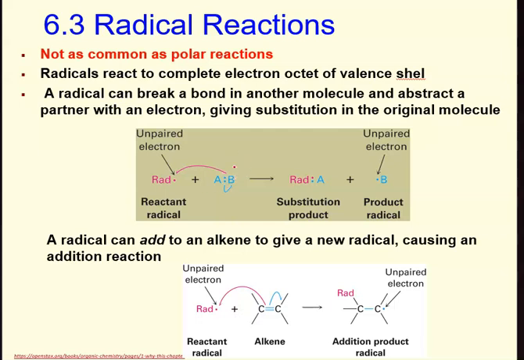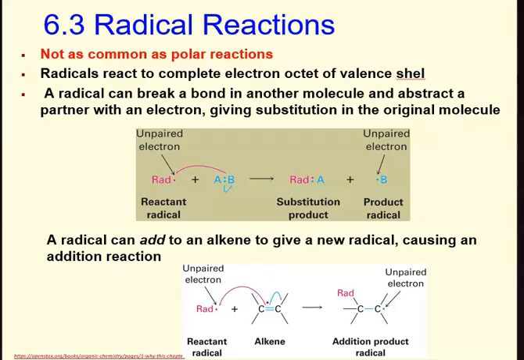So they can actually break apart another molecule, as a result of which they can abstract a radical, and then a new radical can be formed. Okay, this is one way by which radicals can react. Another reaction is when a radical can add on to an alkene.